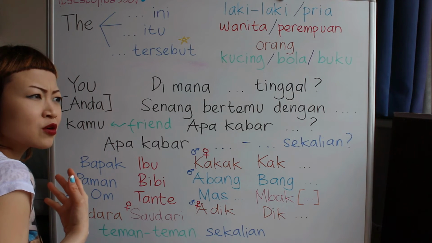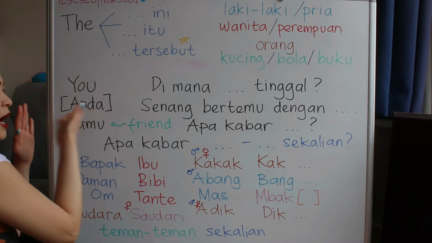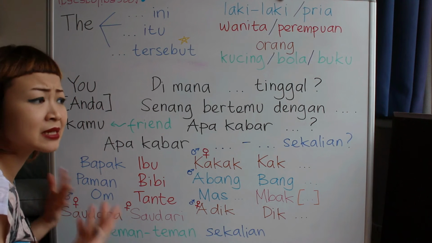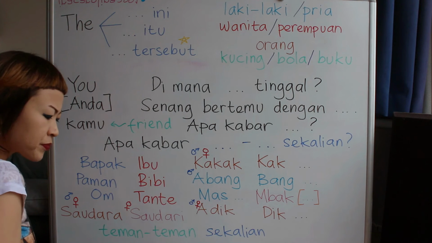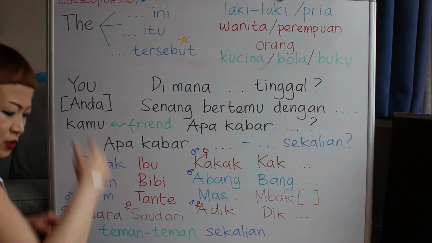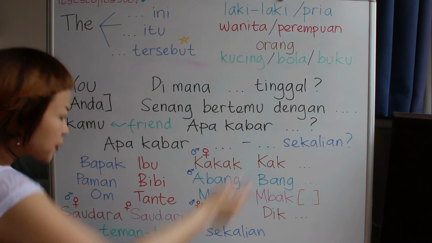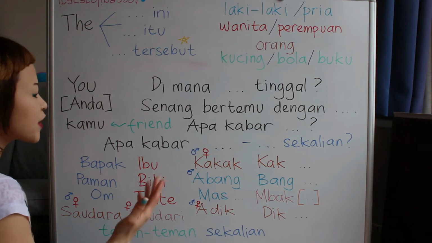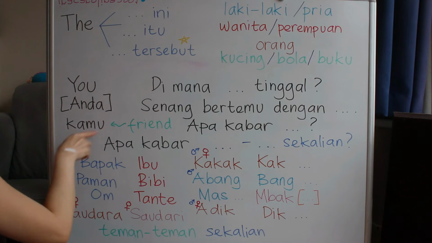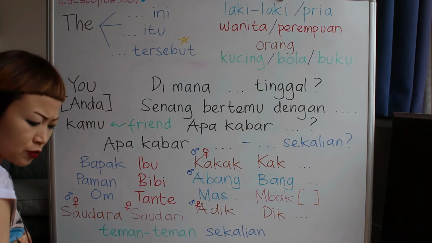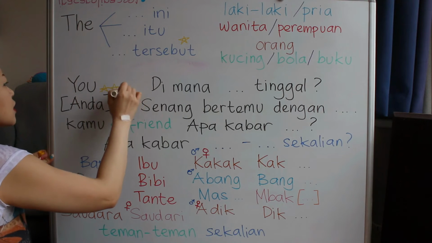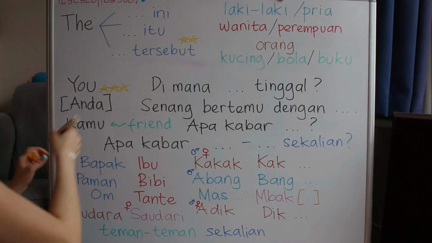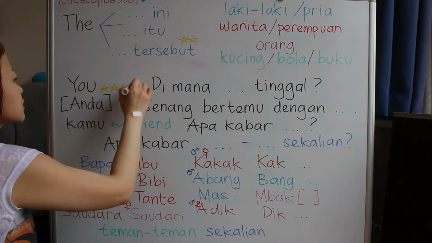My generation or me still use this anda. At least me, I still use that. But I think the younger generation think that this anda is too much or so high. But we have a problem if we use kamu, it is not polite, because kamu, I will put the anda with a star, 3 or this one 2 maybe, yeah, to show that this is really like that, or 4, this is 3.